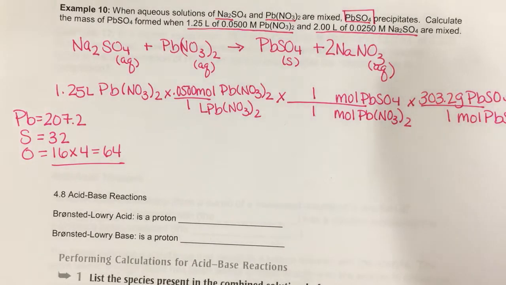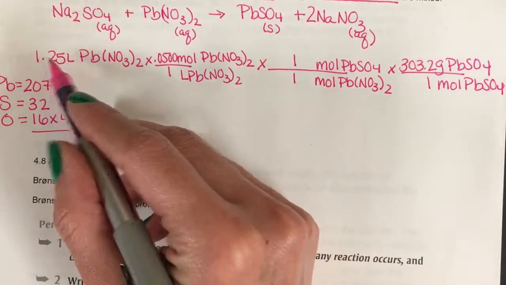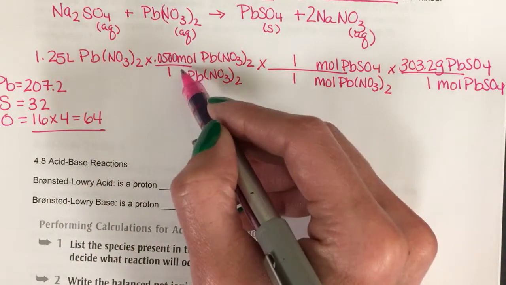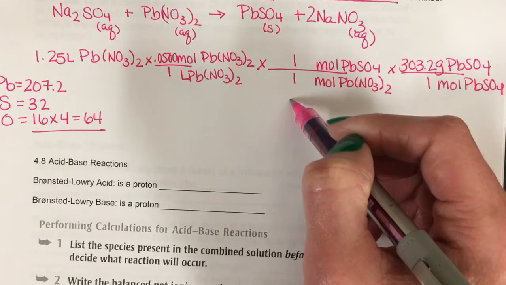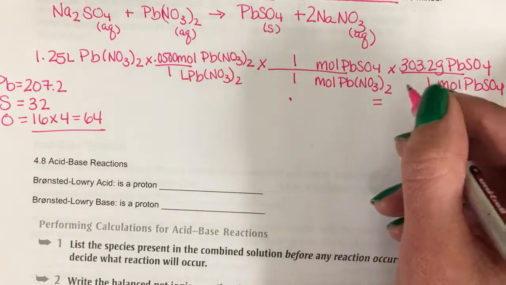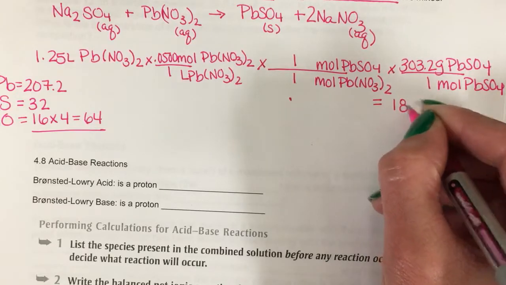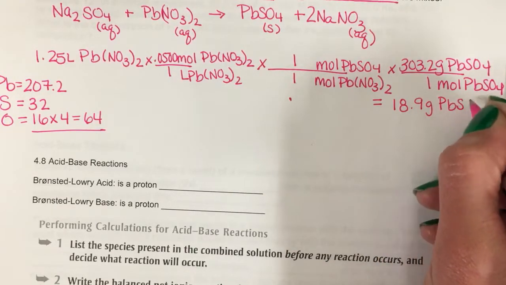So if I plug all of this in, I'm going to get 1.25 times 0.05, 1 over 1 times 303.2 equals 18.9 grams PbSO4.